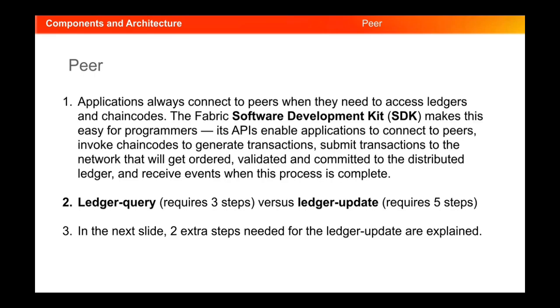In the case of a peer, applications always connect to peers when they need to access the ledger and chain code. The Fabric SDK, which is Software Development Kit, makes this easy for programmers. Its APIs enable applications to connect to peers, invoke chain codes to generate transactions, submit transactions to the network that will get ordered, validated, and committed to the distributed ledger, and receive events when this process is complete.